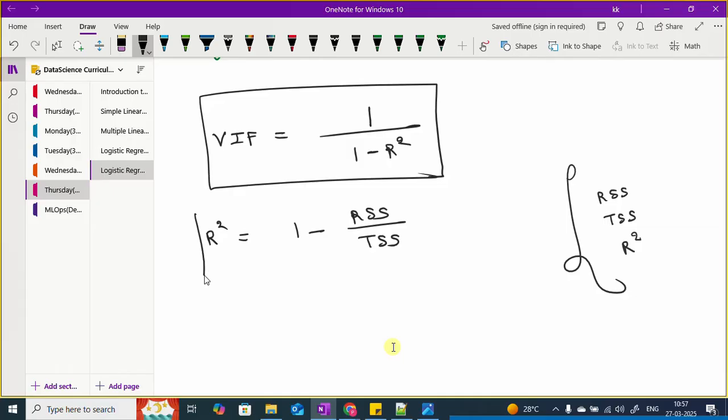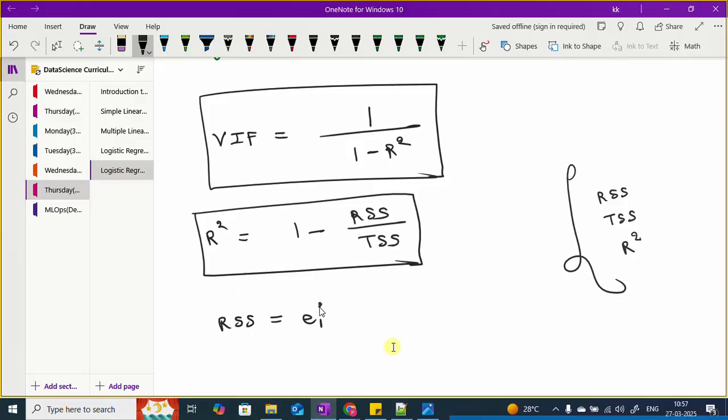That means now you find out R square. Again, R square depends upon RSS and TSS. So how to find RSS? RSS is nothing but, I told you, the error term, right? E square, right? So something like that. So what is that? Can I write? It is nothing but Y actual minus Y predicted, square.